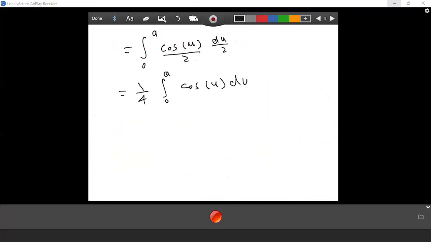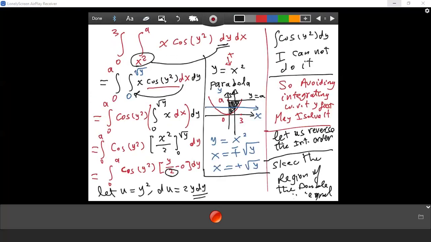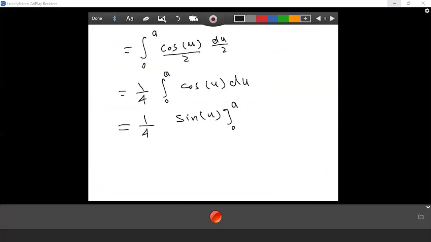What is the integration of cosine? It is sine. Sine u, thank you. From 0 to a. But remember, 0 and a are not the values of u, they are values of y, right? So remember to write here and remind yourself, these are not the values of your variable u, but of y.